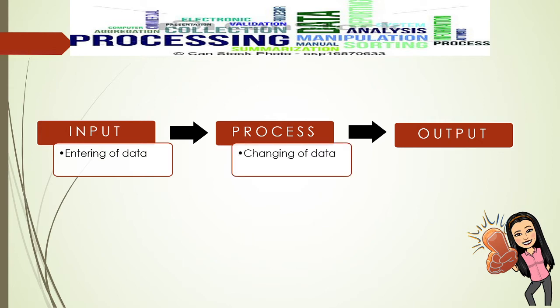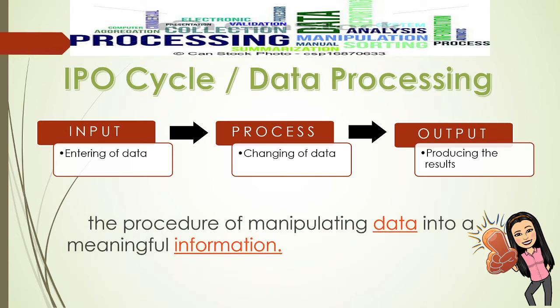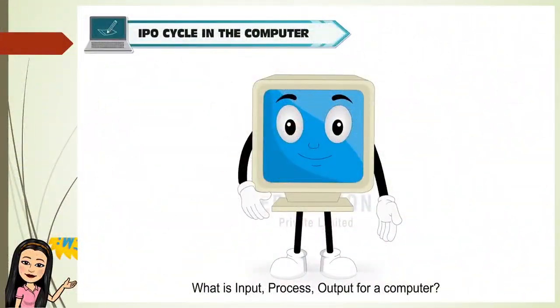Process is the changing of data to become the output. And output is producing the results. It is called the IPO cycle or the data processing cycle. So what is the IPO cycle? It is the procedure of manipulating data to become meaningful or useful information to the users. Class, to add some details, let's watch a video again.